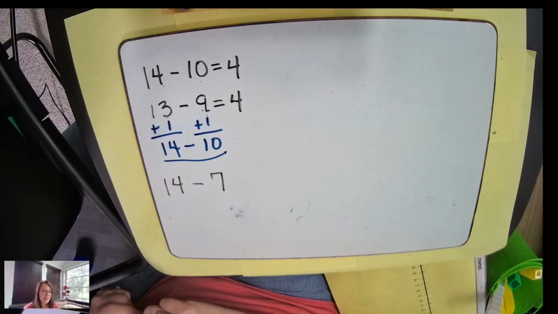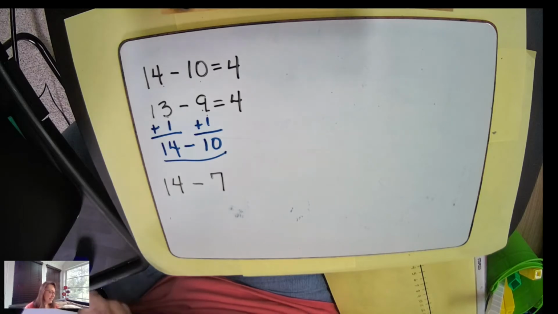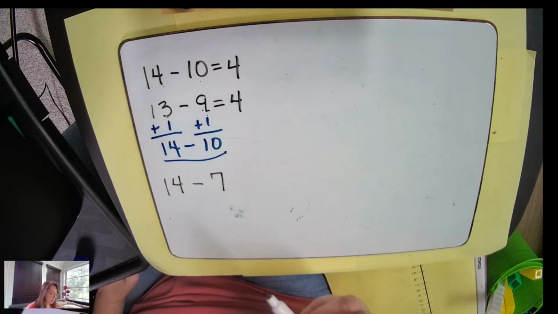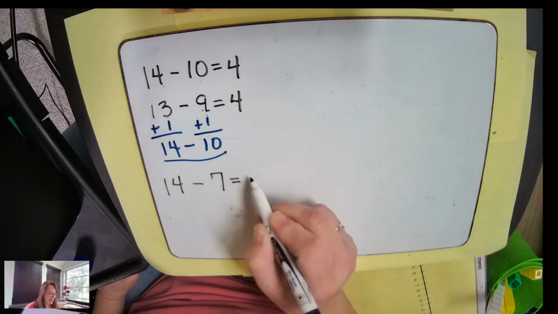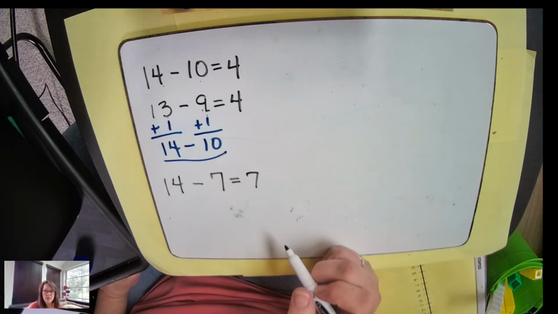Maria, what do you think the answer is to 14 minus 7? Okay, Maria says she thinks the answer is 7. Do we agree or disagree with 7? All right, I see that we all agree that the answer to this problem is 7.